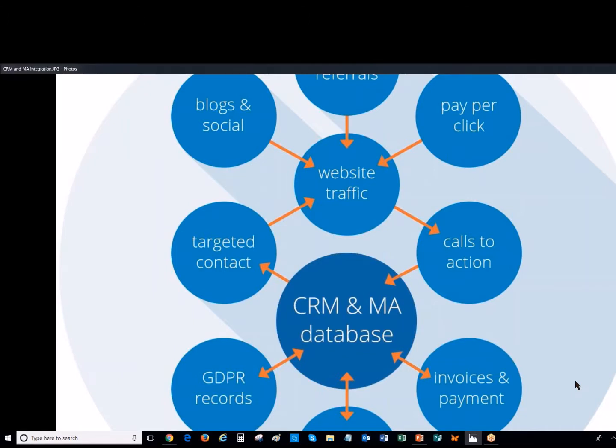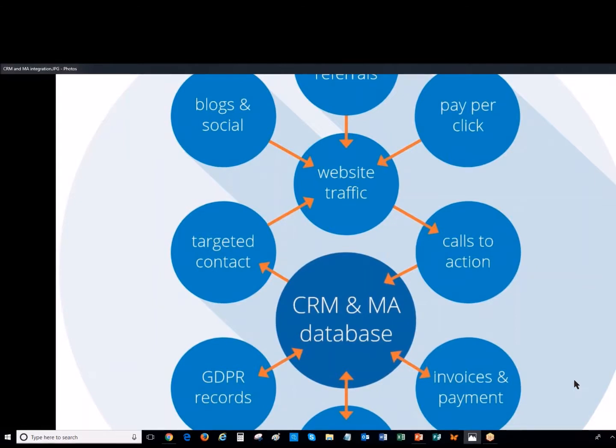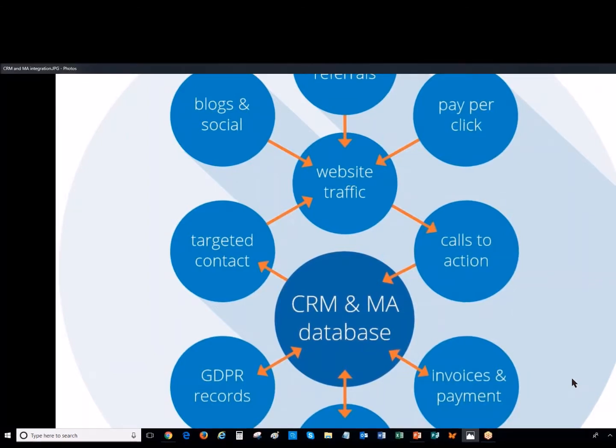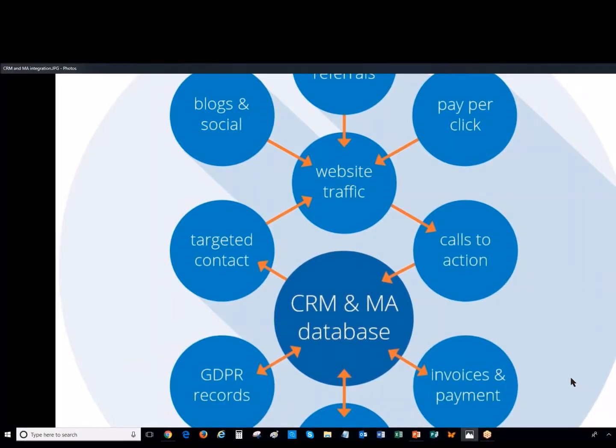So the call to action will drive people to give you some information about themselves. If it's simply an email address or maybe their first name, last name, company name. In a B2B marketing environment, we have as a rule that we will always ask people for their first name, last name, company name, and their email address before they're allowed to download the particular piece of content that had attracted them and made them click the call to action button.